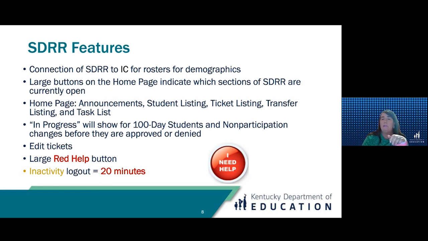Also, edit tickets. During the time when it's in progress and it hasn't been approved yet, if you forgot to add something to that ticket, you can always go in and click on edit. You can either go to your student listing and click on it from that, or you can go into your change ticket listing and get to your ticket there as well.